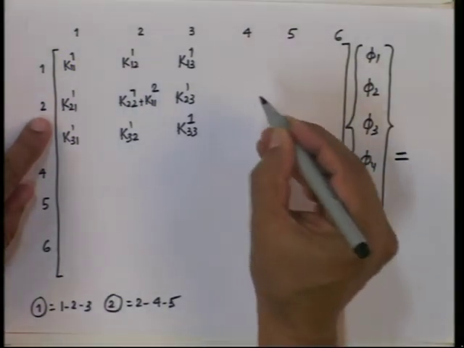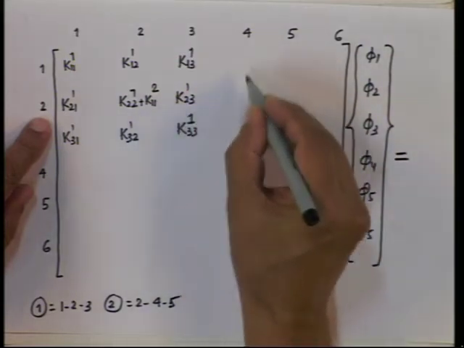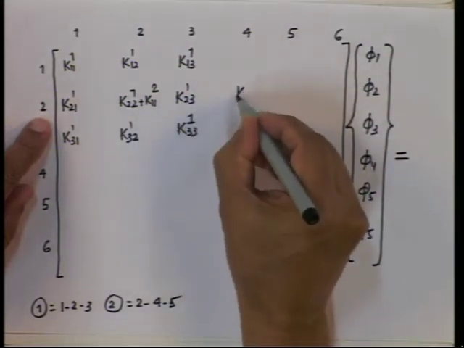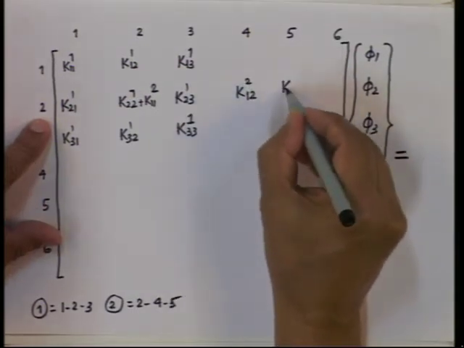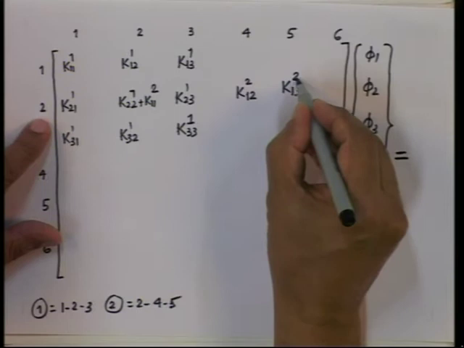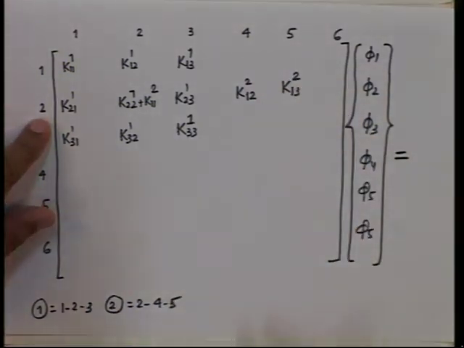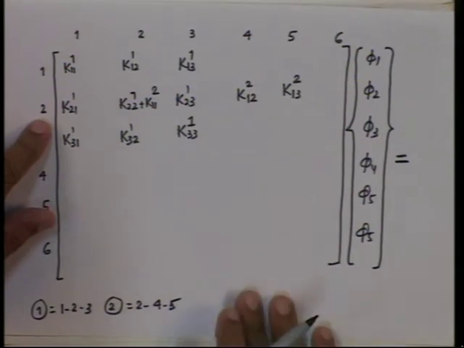Then 4. Now, k 1 2 of 2 will go where? 4. So, k 1 2 of 2 and k 1 3, yes, 4 1 3 of 2. Okay. So, first row is complete.